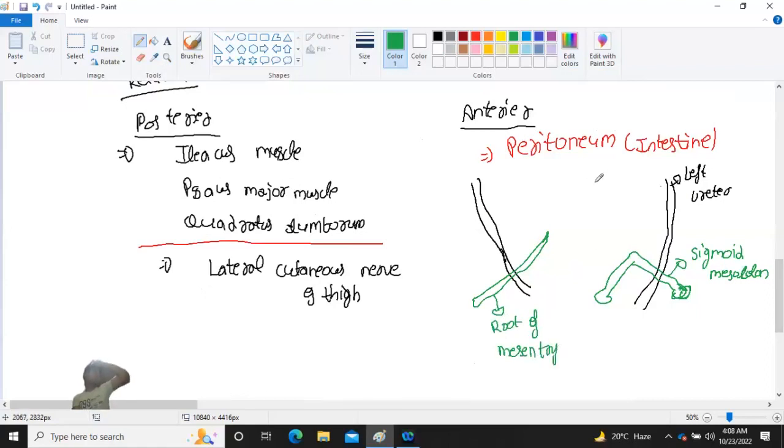This root of mesentery contains the small intestine coils. It starts at the duodenojejunal flexure and goes to the cecum region basically. So it crosses the ureter anteriorly. So these are some anterior relations: anterior abdominal wall, coils, jejunum, cecum, all are relations.